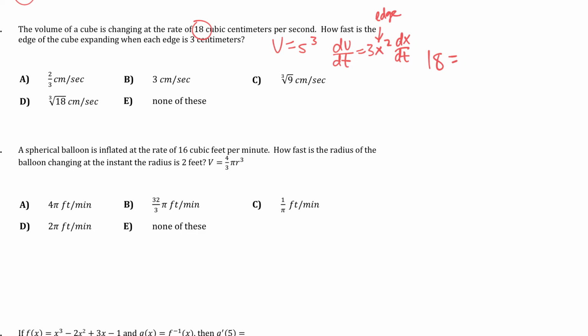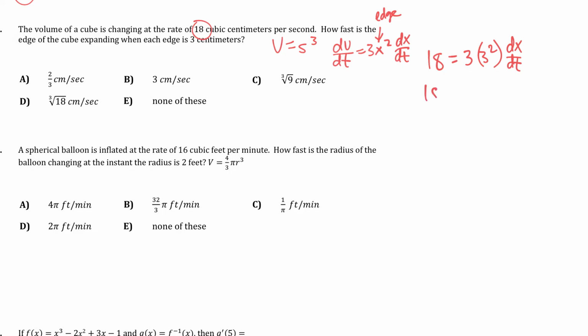So we have 18 is equal to that, and x is 3 when the edge is 3. So it's 3 times 3 squared dx/dt, or ds/dt, whatever it is, and s for side.